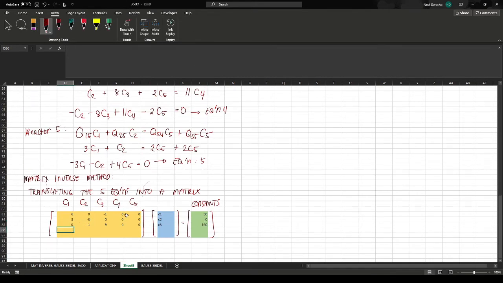For equation 4, that is negative 1, 0, then negative 1, then negative 8, then 11, then negative 2, then C4, then 0. Lastly, this is negative 3. This is negative C2, so negative 1. Sorry, then 0, then 0, then 4. Then this is C5 here and 0.